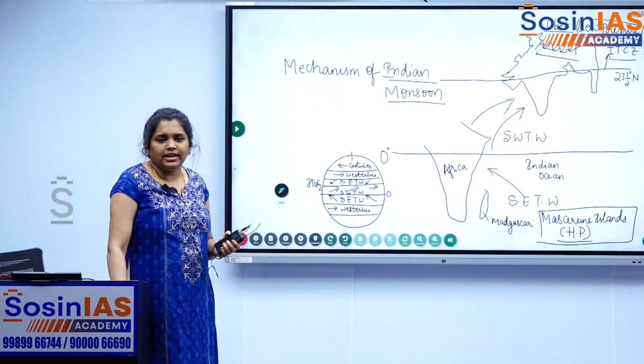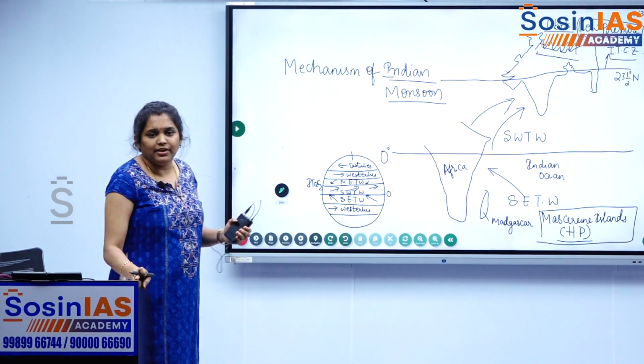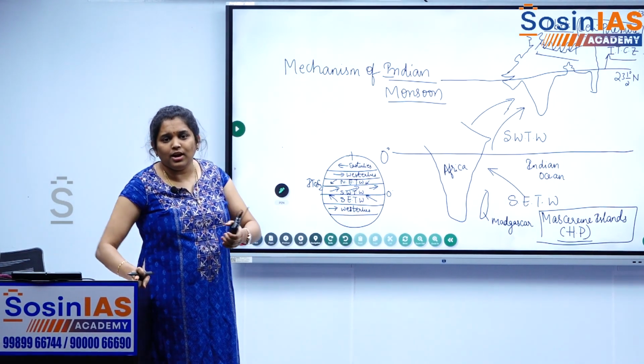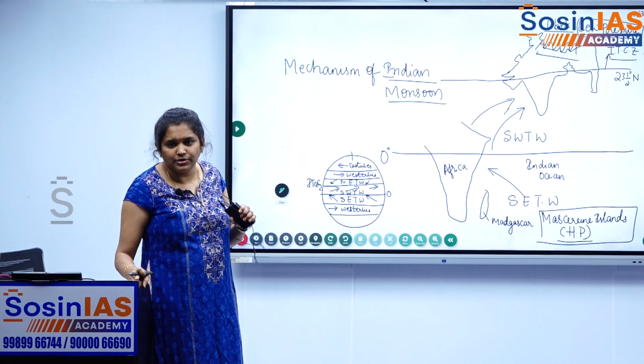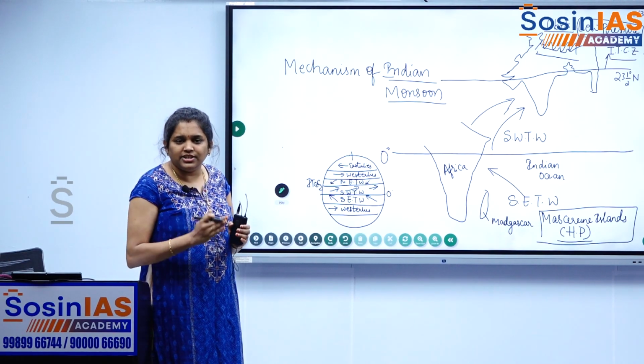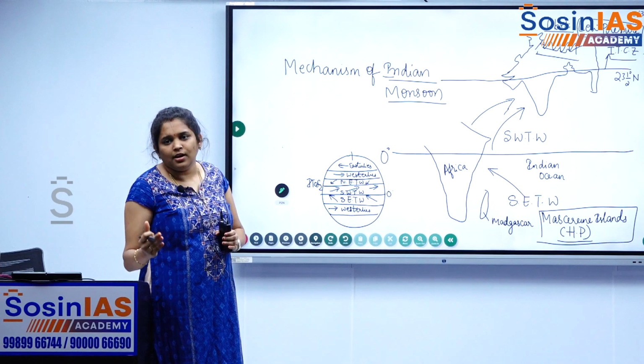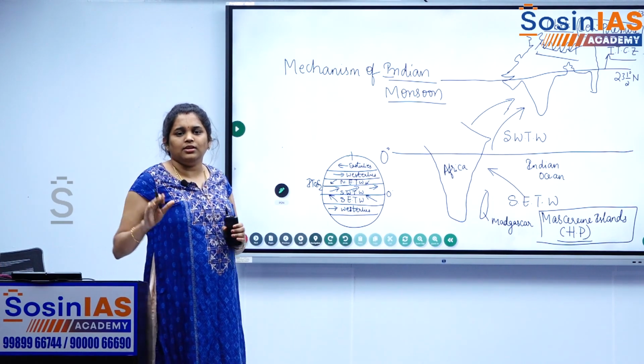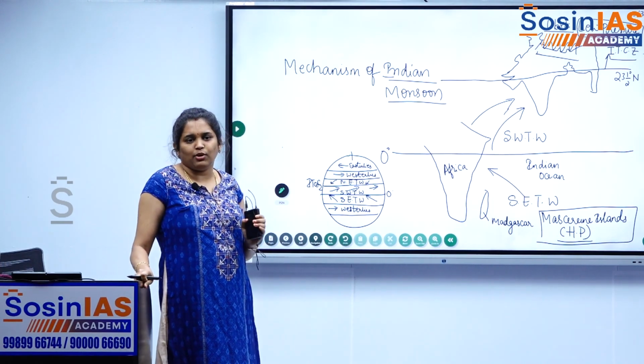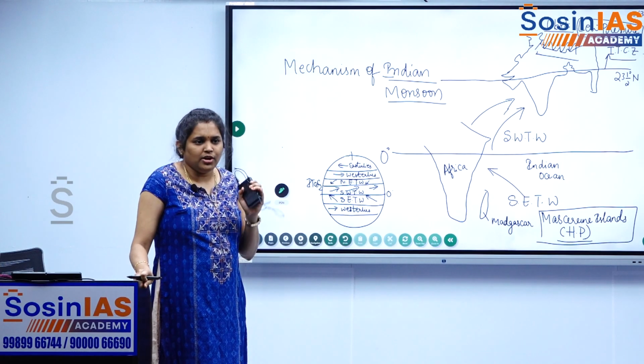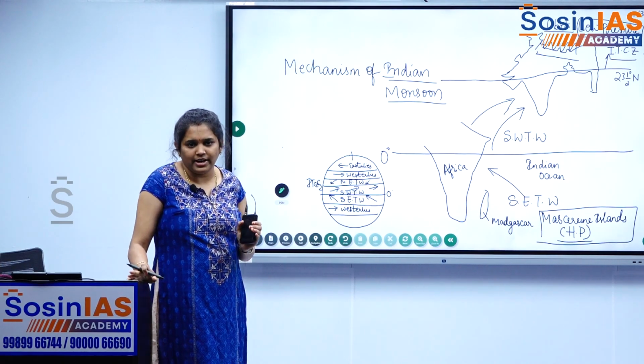During the same period, we'll have the polar easterly jet streams as well, which we'll talk about. So these jet streams, Tibetan low pressure, Mascarene high pressure are the several factors responsible for Indian monsoon. We'll talk about each of them in detail now.